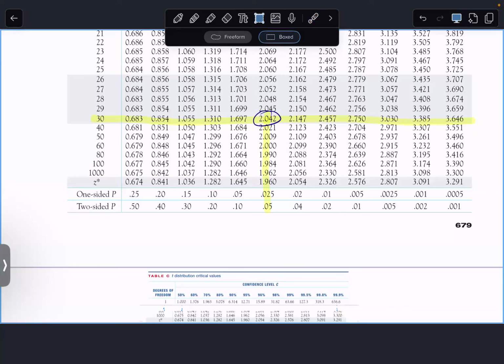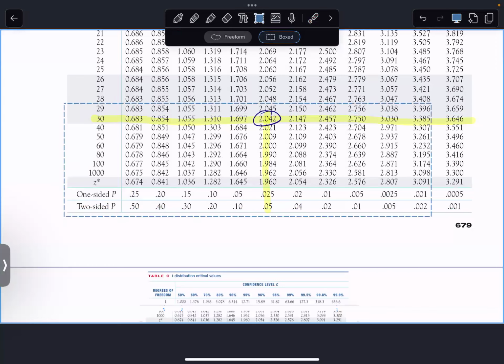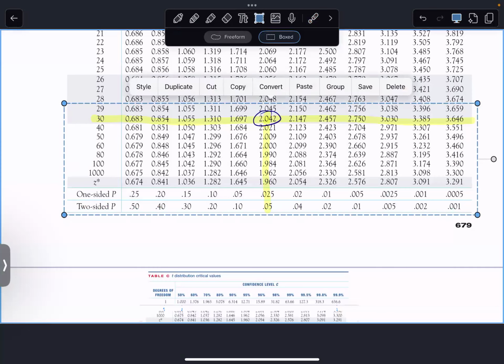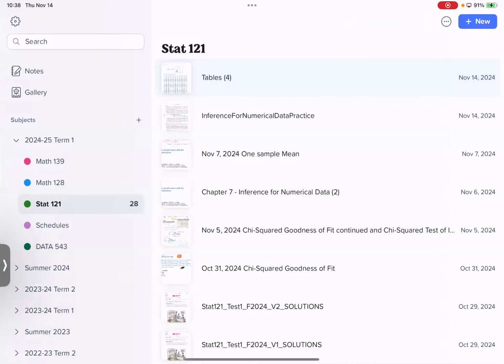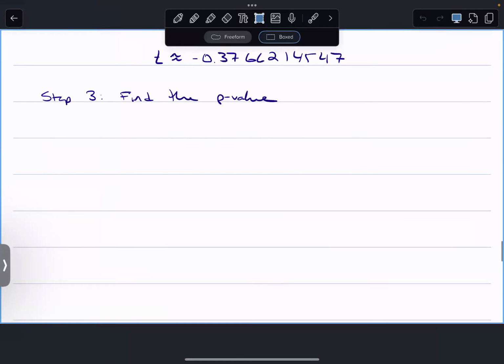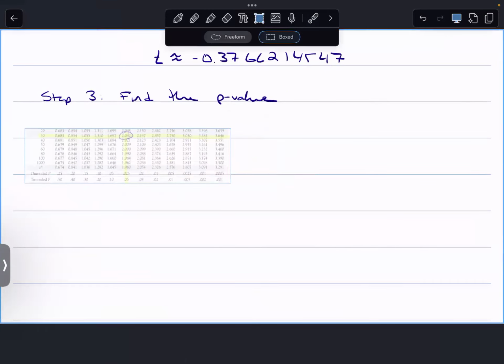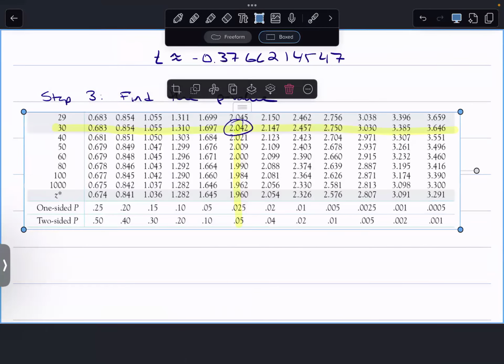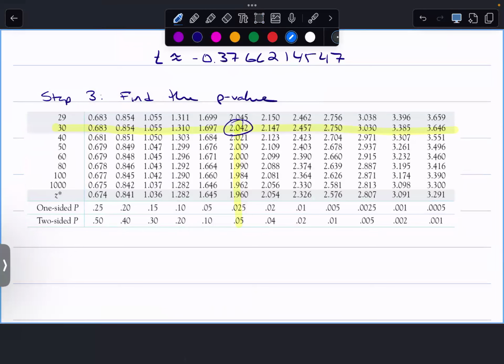And so I'm going to grab a little bit more, not much, copy it and bring it in. For critical value, which would be 2.042 at 30 degrees of freedom.